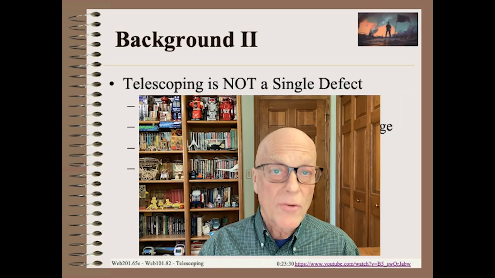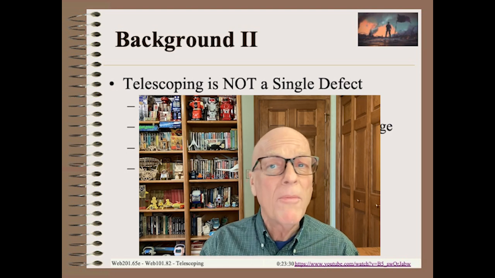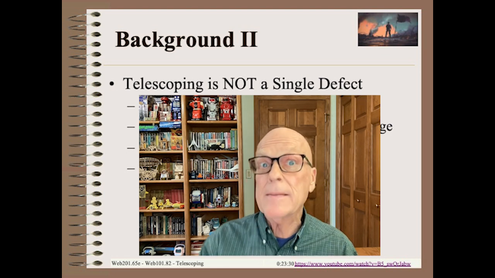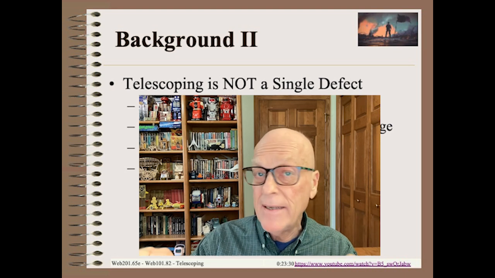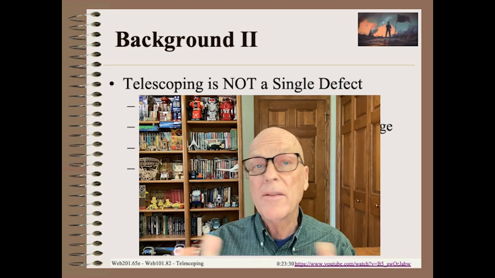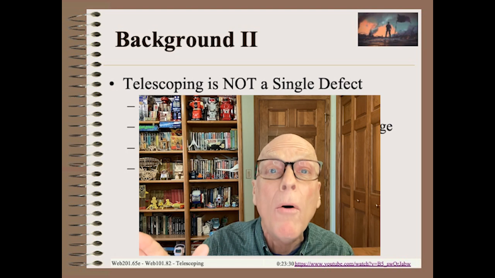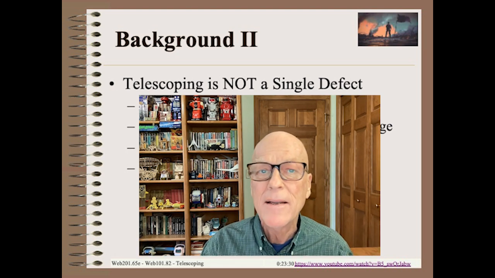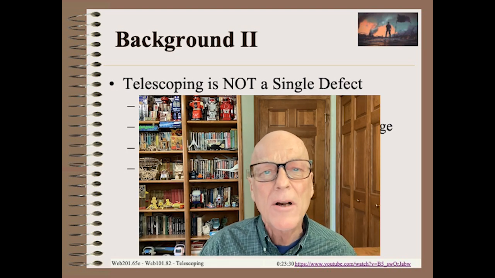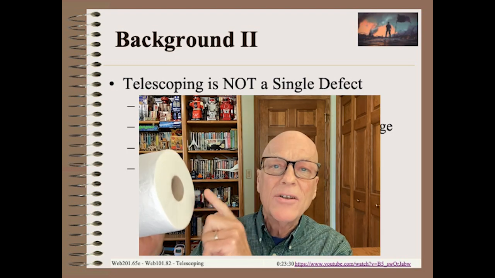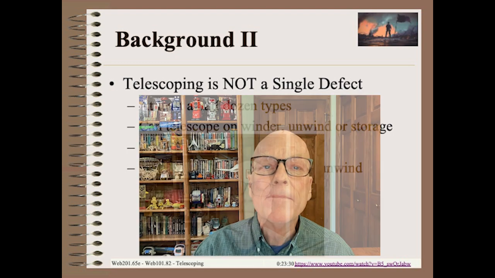To complete the troubleshooting task, it would be helpful to know that telescoping is not a single defect, or rather at least a half a dozen totally unrelated defects that have a roughly similar look: that the edge of the roll is not straight.